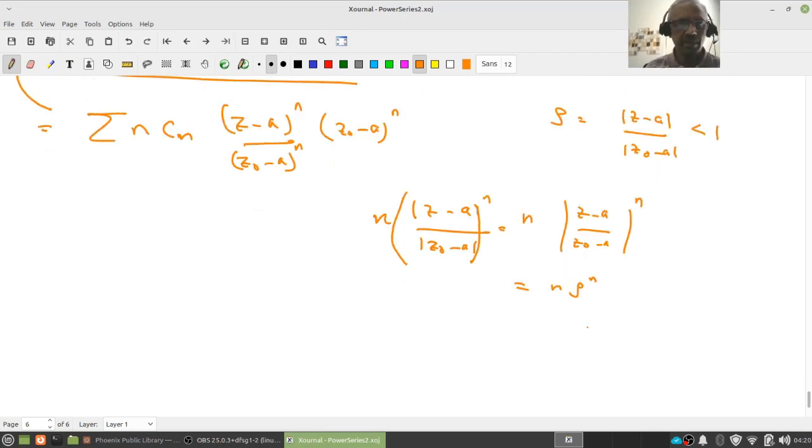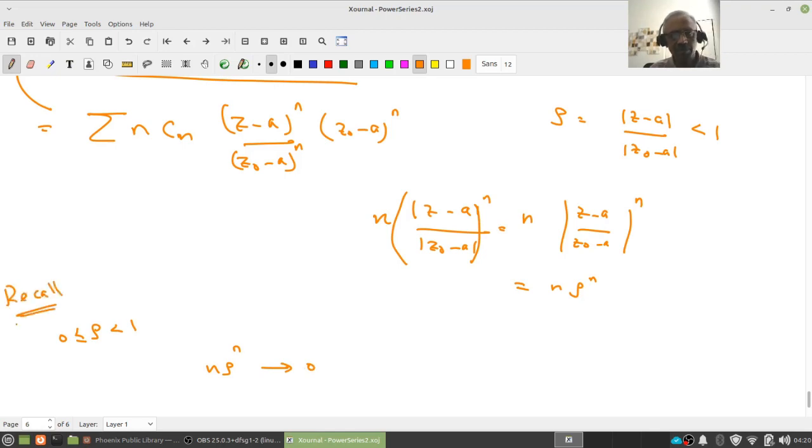If you had followed my lectures on real analysis, especially on sequences, we have proved the following result. The result I proved was: if rho is less than 1, a positive number, then n times rho power n goes to 0.